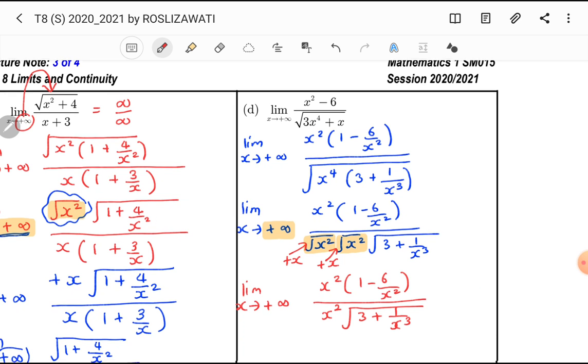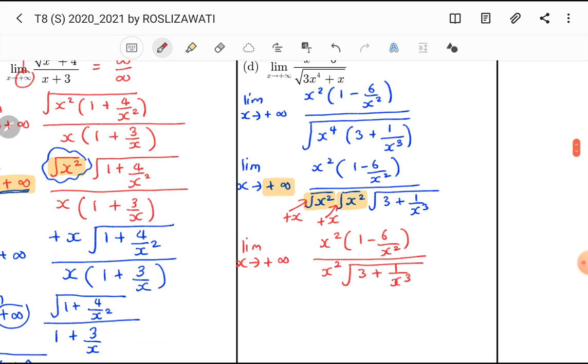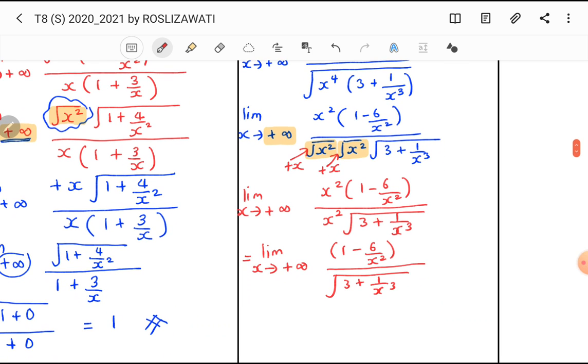Okay. And as the final answer, okay, so kita akan buat equal to, okay, bukan final lagi, kita tak simplify lagi. Okay, simplify dulu. So, 1 minus 6 over x squared divide by, bawah tinggal square root of 3 plus 1 over x cubed. Okay, so jawapan akhir dah ni, nak masuk dah.